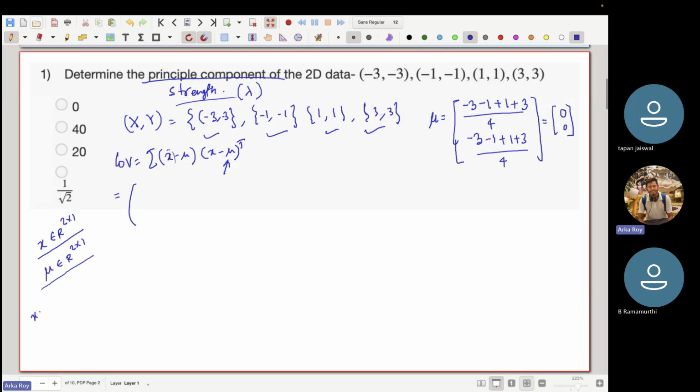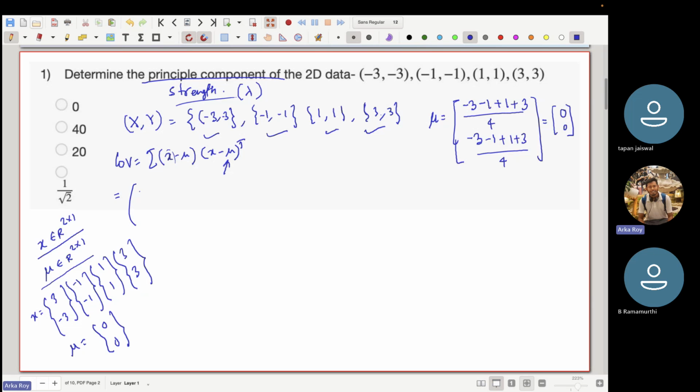As you can see, x is in the form of -3, -3, -1, -1, 1, 1, 3, 3. And your mu is 0, 0. All these x's are 2 cross 1, and mu is also 2 cross 1.